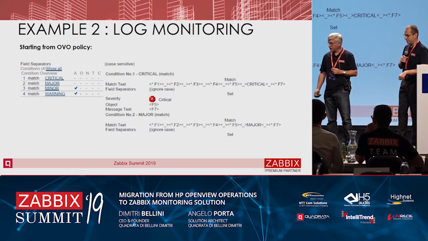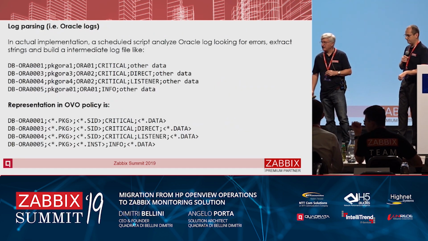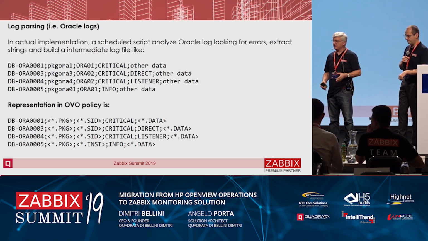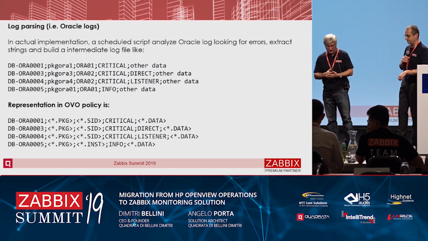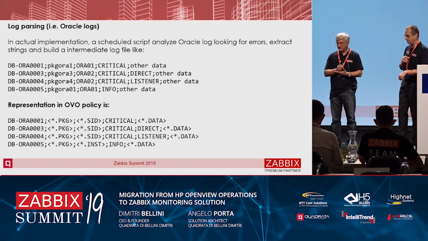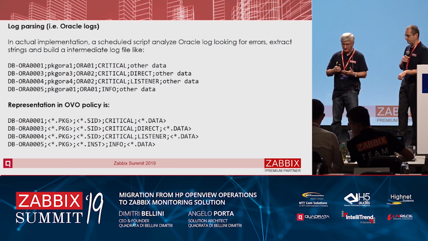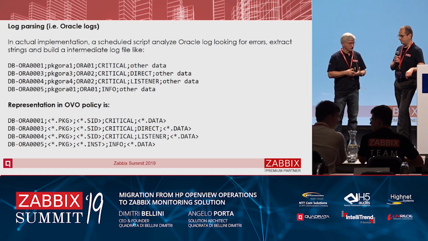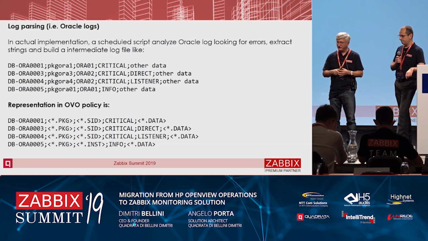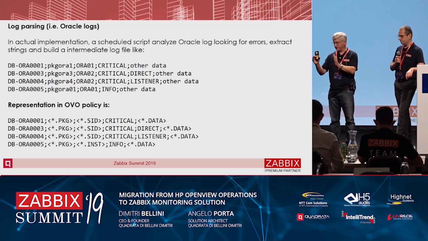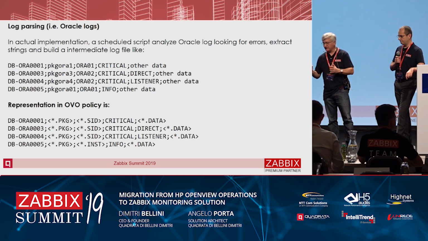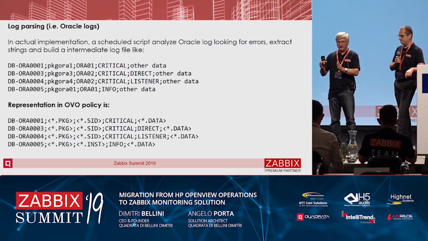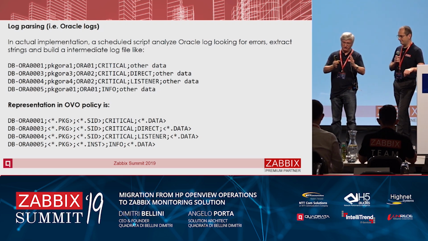Yeah. I wanted to point out two things here. First, the log parsing. HP OpenView is not able to handle complex conditions, and so the customer decided many years ago to take the error condition from the standard log file, in this case of Oracle, extract this error condition and build another file.